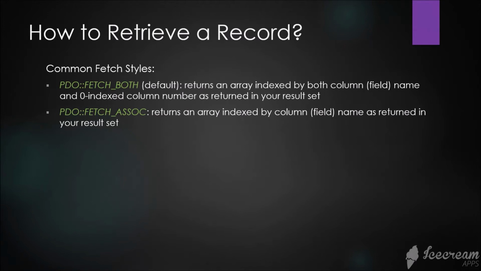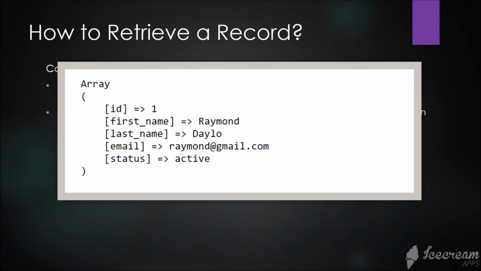Returns an array indexed by column or field name as returned in your result set. So this is what we will see if we're going to use FETCH_ASSOC, wherein the field names are what we will see here as the index strings in the array. Okay?